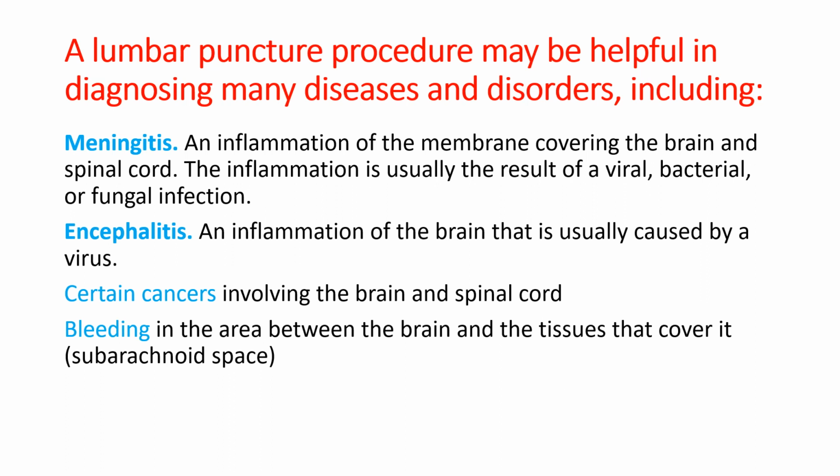The second one is encephalitis, that is inflammation of the brain caused by a virus, and also certain cancers in the brain and spinal cord, and any bleeding in the subarachnoid space.